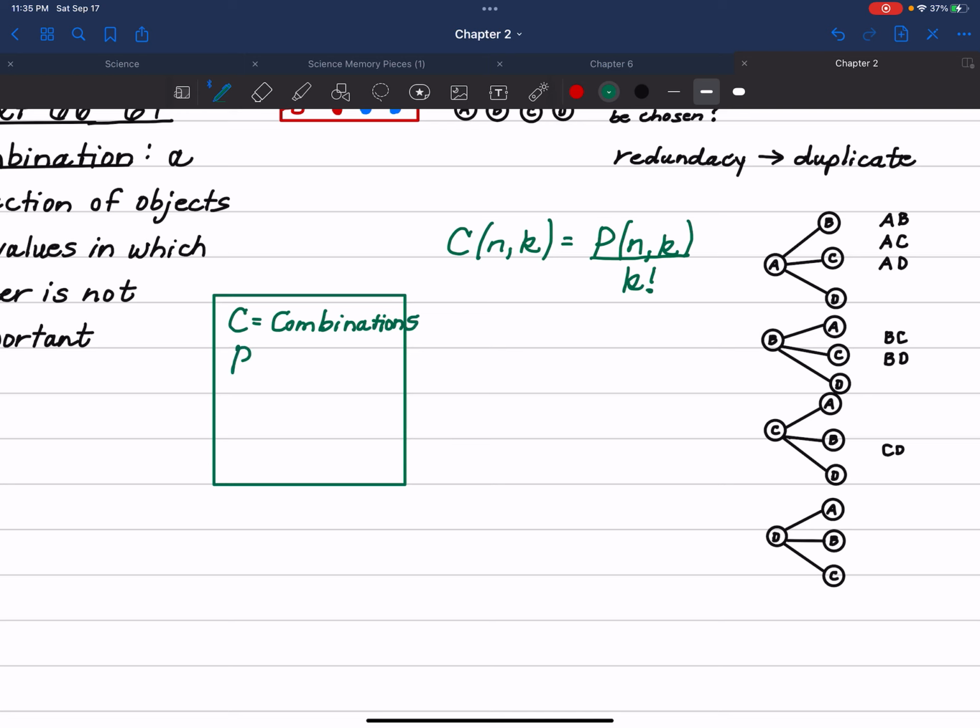P is going to be the number of permutations. N is going to be the number of passengers in this case.